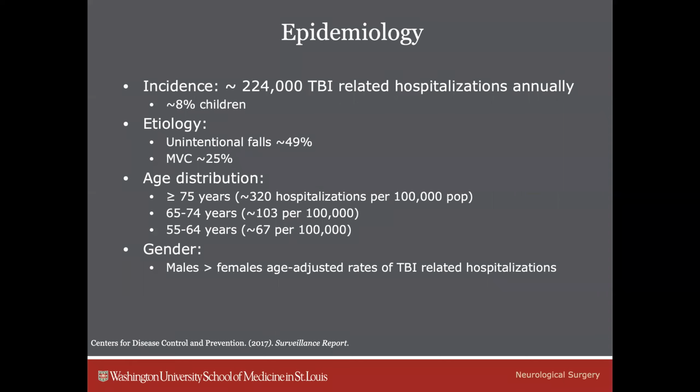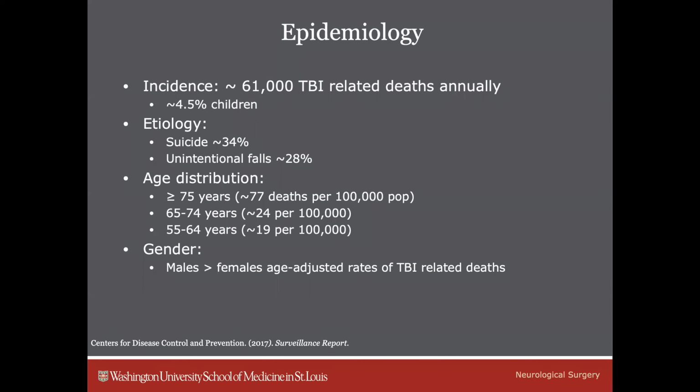In terms of age distribution, the older you are, the higher your chances of having TBI are, especially because unintentional falls are more common in the elderly. And males are more prone to have TBI than females. Similar to TBI-related hospitalizations, there's about 60,000 annual deaths related to TBI, out of which about 4 to 5% are kids.